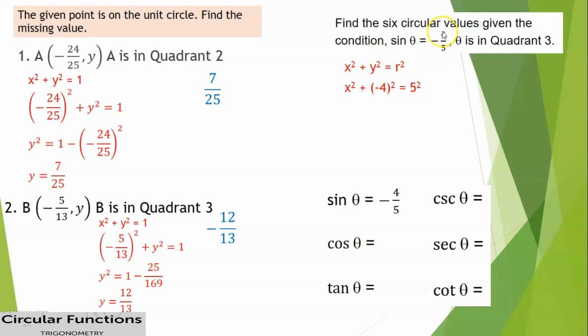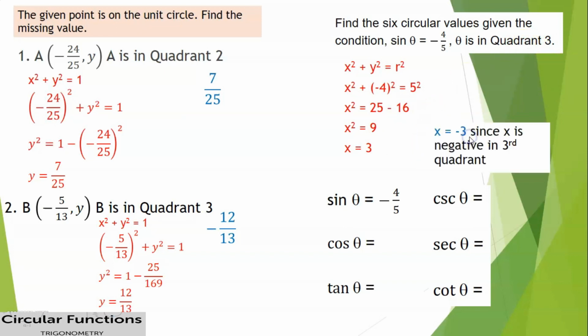So it's 4, or y, over 5, or r. So negative 4 squared is 25, equals 5 squared. So 25 minus 16 is 9, square root of 9 would be 3. So since it is in quadrant 3, cosine is also negative, so our x then is also negative 3.